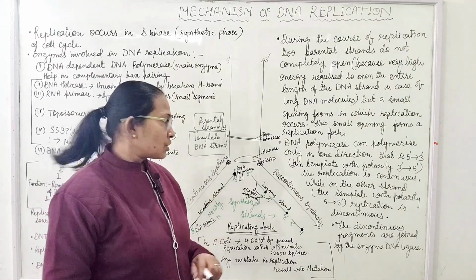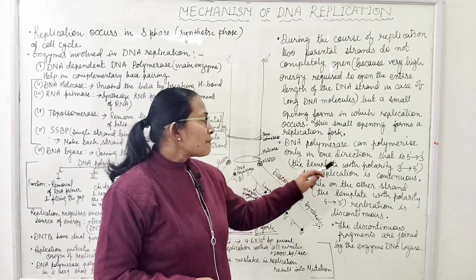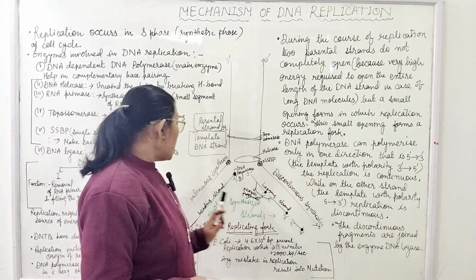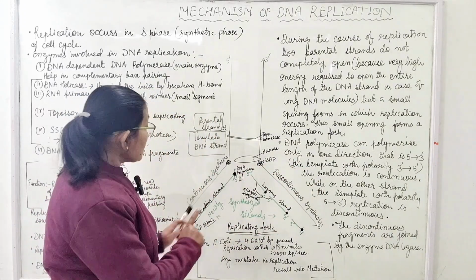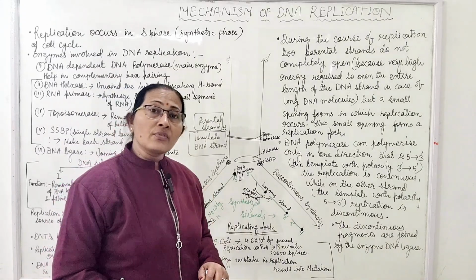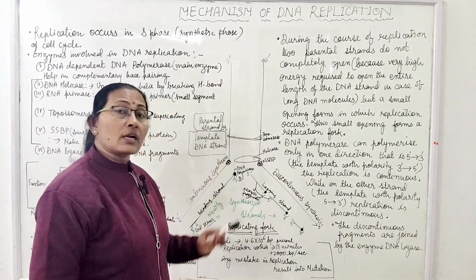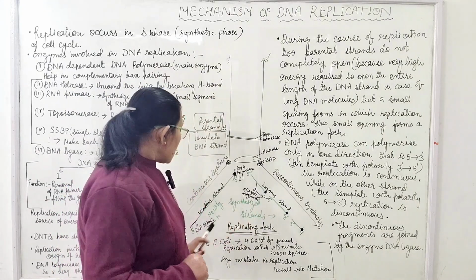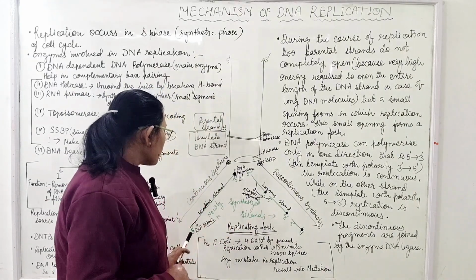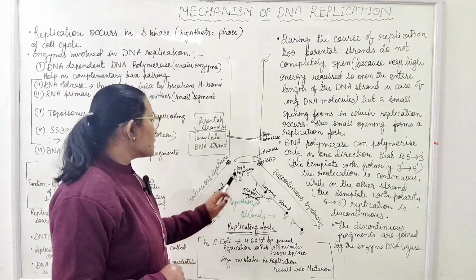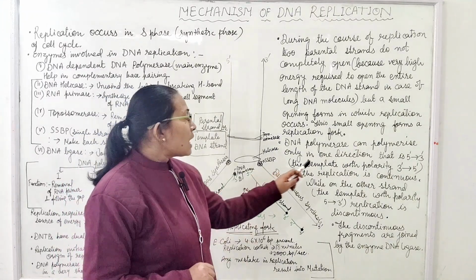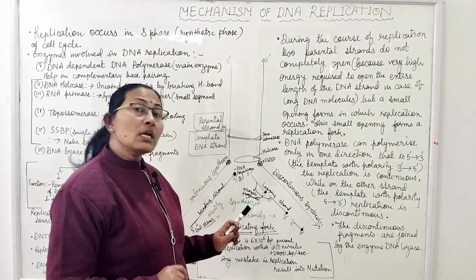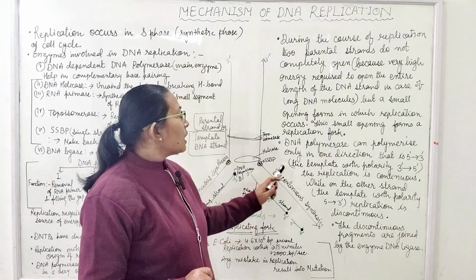On the parental strand with 3' to 5' polarity, new strands will be formed in the 5' to 3' direction, and that will be continuous synthesis. That strand is called the leading strand.